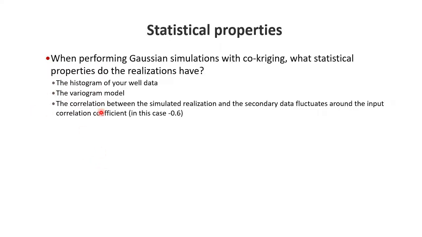In simulation, as you remember, we'd like to reproduce the histogram of our data, the variogram of our model, and also the correlation coefficient between the simulated realization and the secondary data. So in addition to regular checking of whether the histogram and variogram are reproduced, you'd also like to have your correlation coefficient reproduced, because that's the one you have observed in your actual observations.